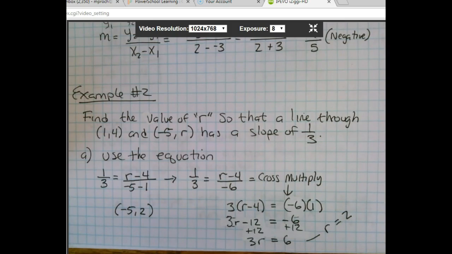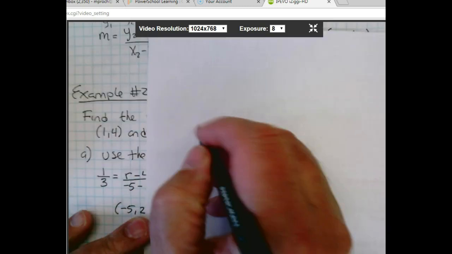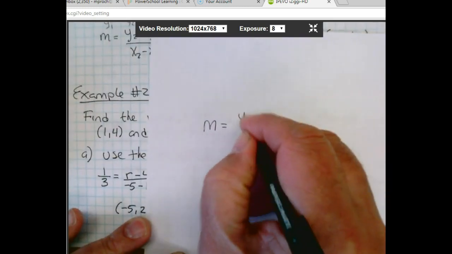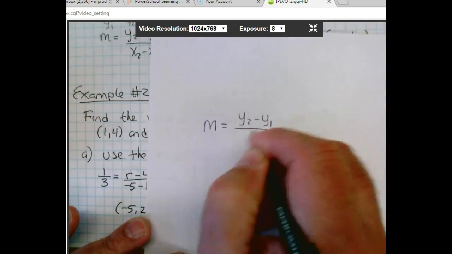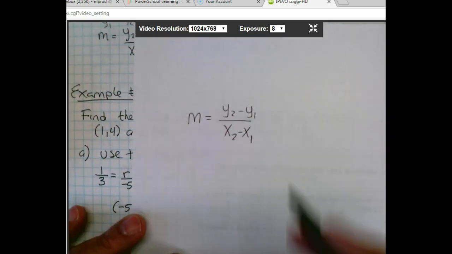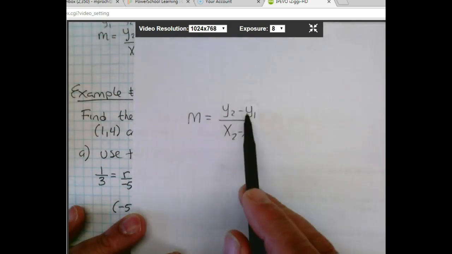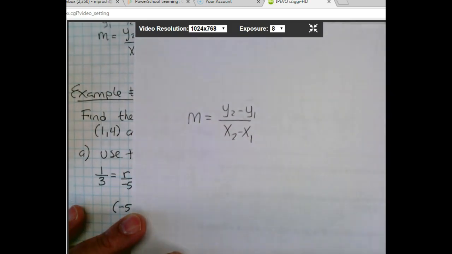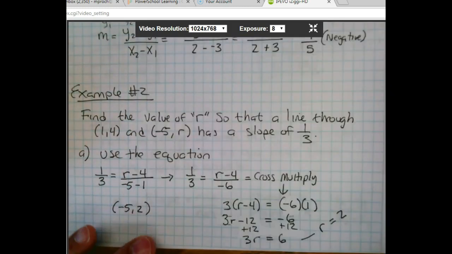Again, we're just going to use that equation that we had before: m equals y2 minus y1 over x2 minus x1. We have these points, but we're missing one. So we're just going to make that r, plug in the rest of the numbers, and solve it, right? So let's look at that.